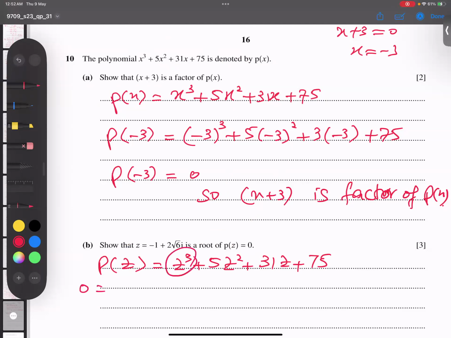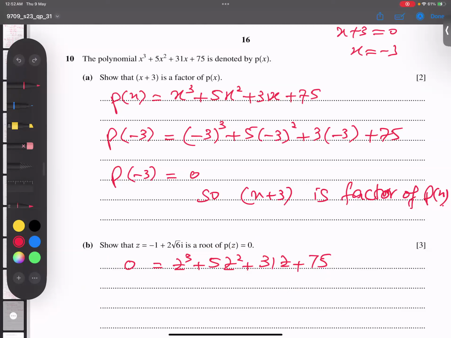And now I will need a Z cube. Now, students, if I plug in this Z value here, here, here, and the end answer becomes 0, then I can prove this is a root.